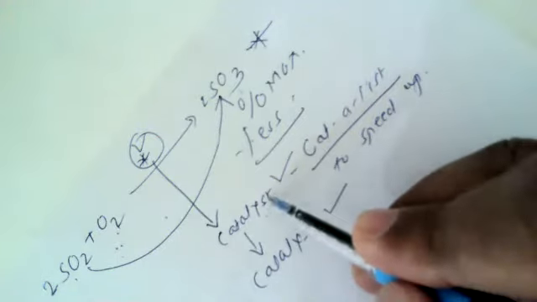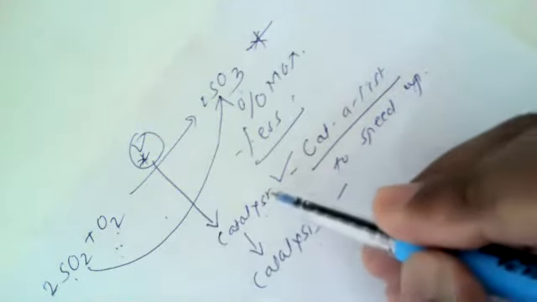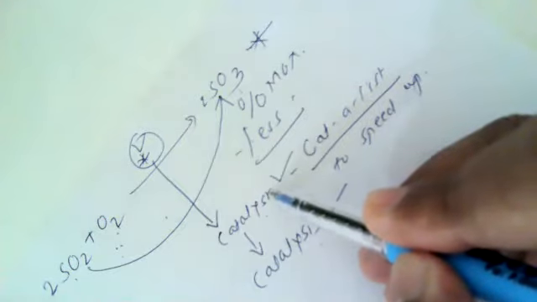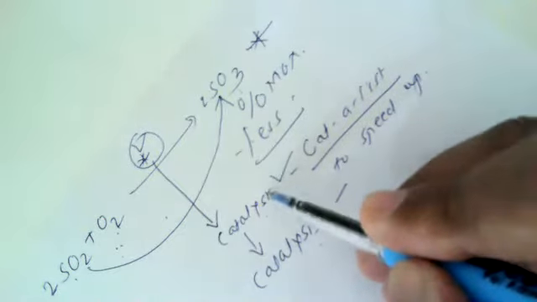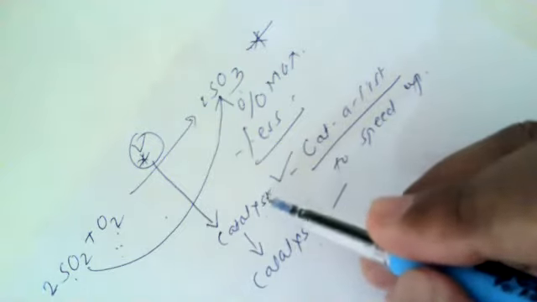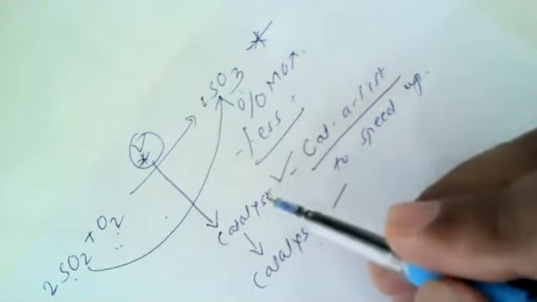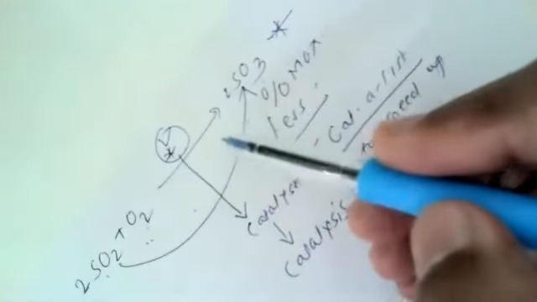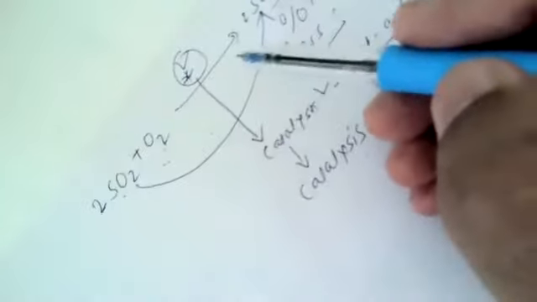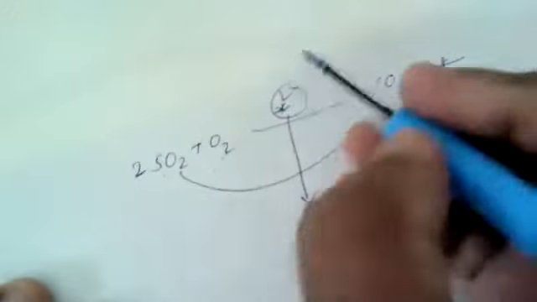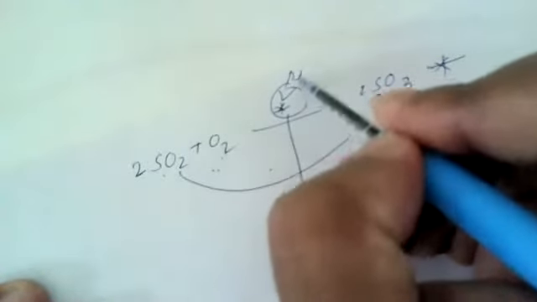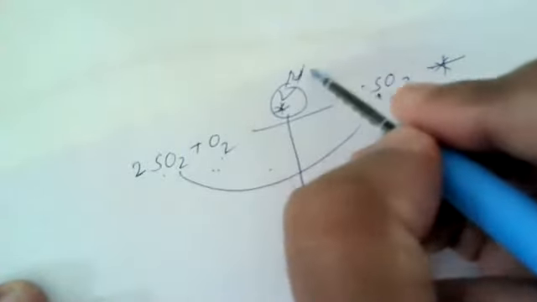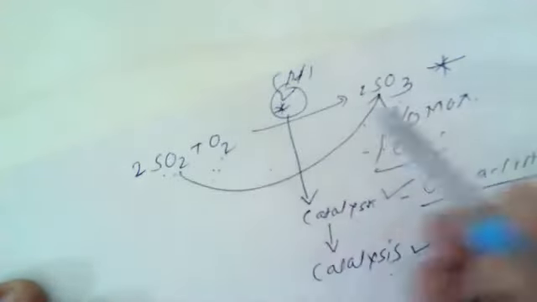This catalyst may be present in solid state, sometimes in the form of a liquid state, or sometimes in a gaseous state. So these catalysts may be in solid, liquid or gaseous state. If we take this reaction, the conversion of sulfur dioxide into sulfur trioxide in presence of atmospheric oxygen, and if platinum is used as a catalyst, then the reaction rate is increased.